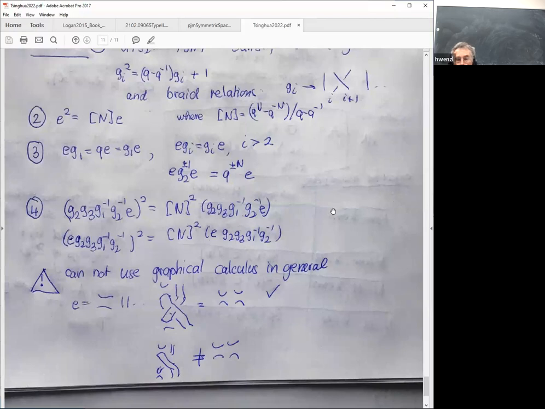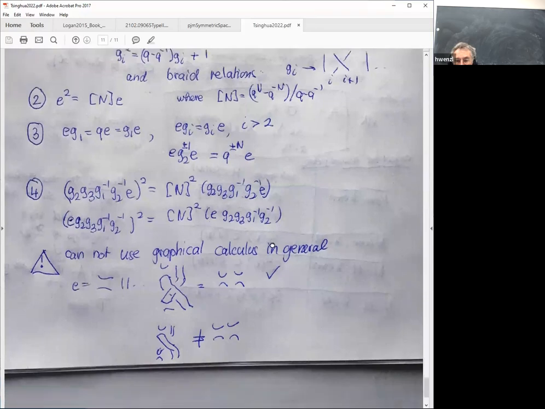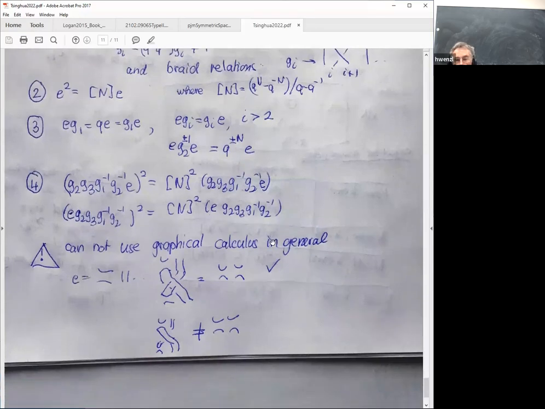Essentially, often a pictorial calculus would be helpful. Unfortunately, here one has to be careful, because it doesn't work in general. Okay, for E, the symbol would be this one here, because that comes already from the classical Brauer algebra.